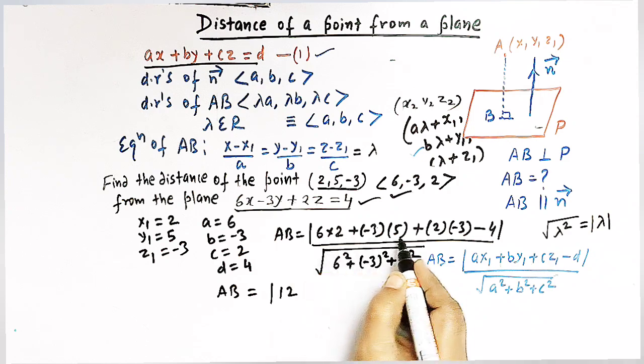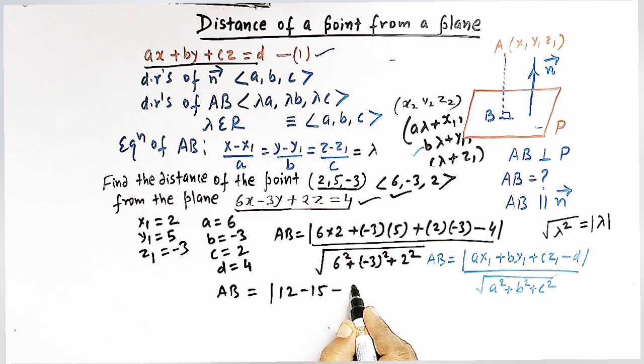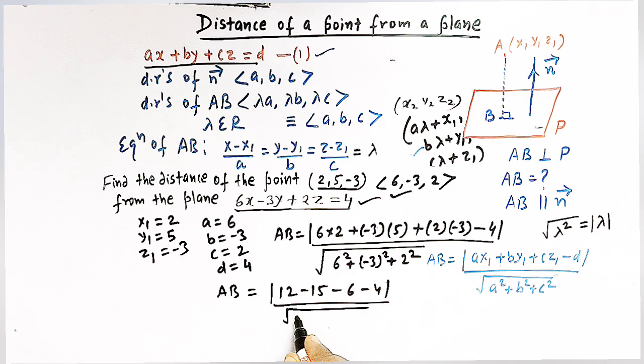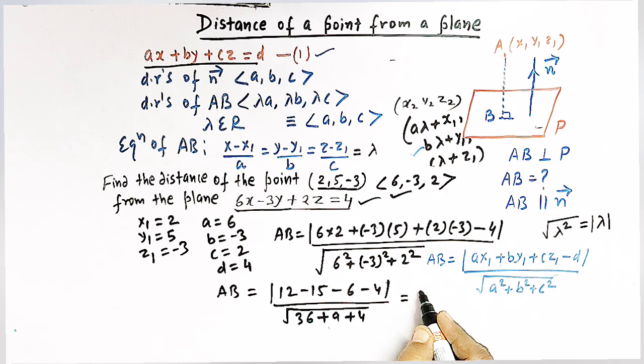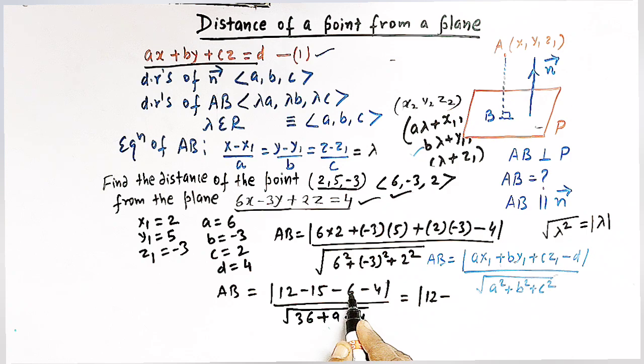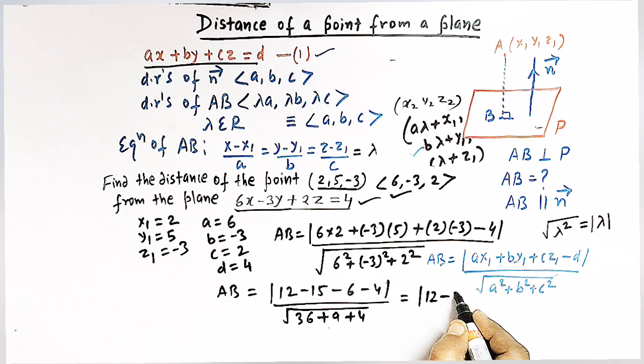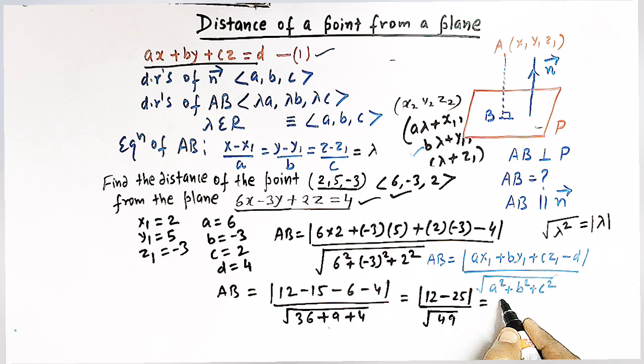So we have 12, then minus 15, then minus 6, minus 4, and here we have 36 plus 9 plus 4. Here we have 12 minus 10 and 15, that is minus 25, and square root of 49, so we have mod of minus 13 over 7, the square root of 49.